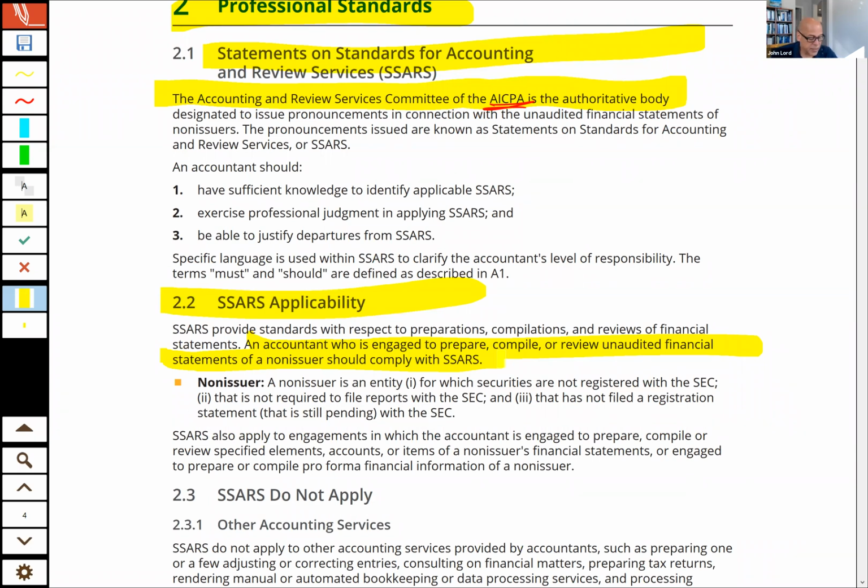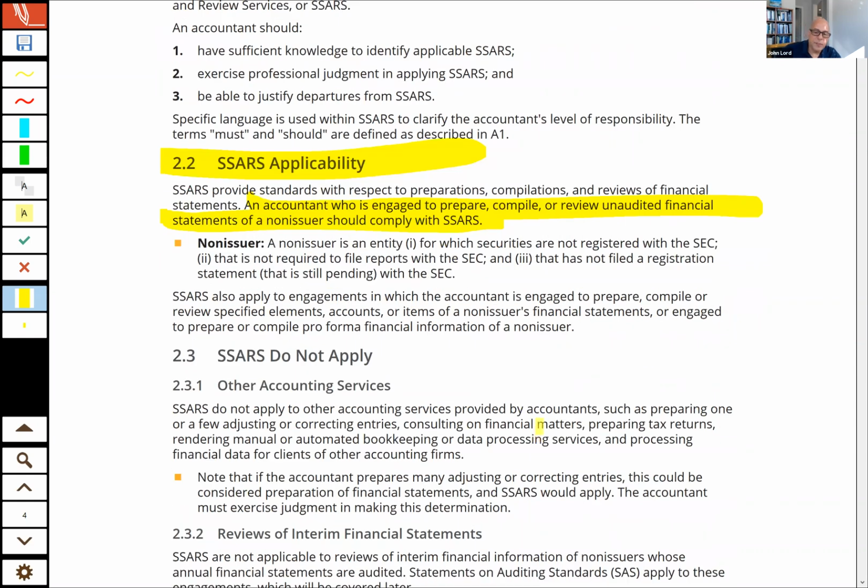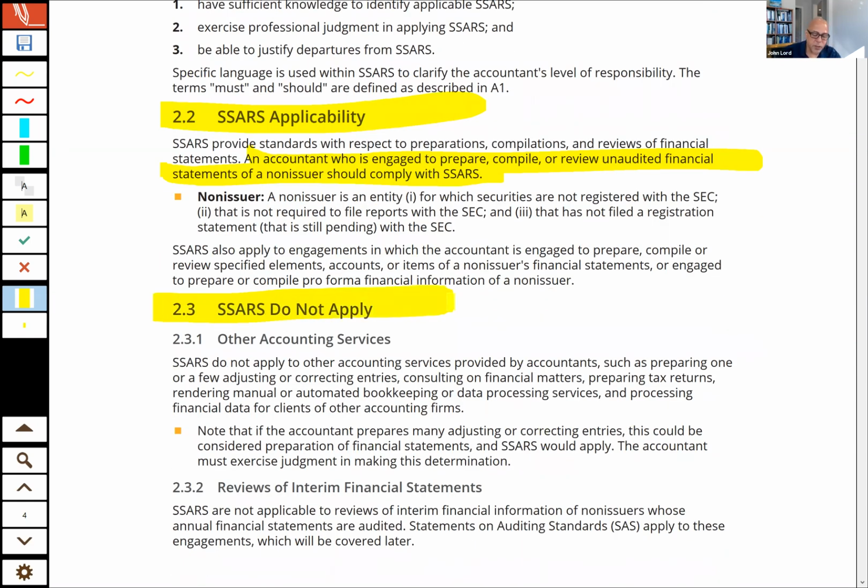Now, the question becomes, what if I breathe on a set of financial statements? What if I hold a set of financial statements? Am I now bound by these standards? And they do have some engagements in which the accountant can be involved and not have to follow the SARS.